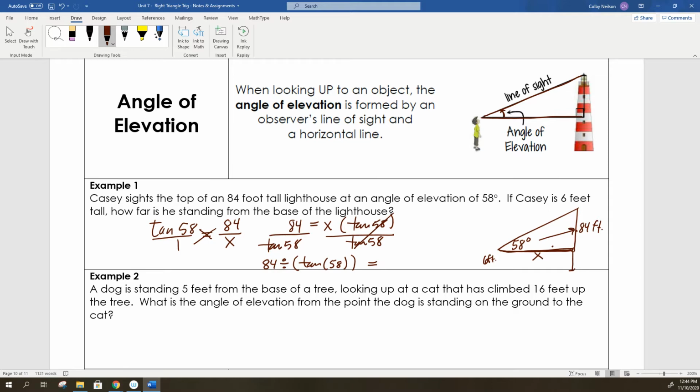Is that what you got? Feet. Right? It's a distance, and we're measuring in feet. All right, so 52.49 feet. If you did not get the 52.49, first check to make sure your calculator is in degree mode. And then check how you actually did the multiplication, if you used parentheses or not.